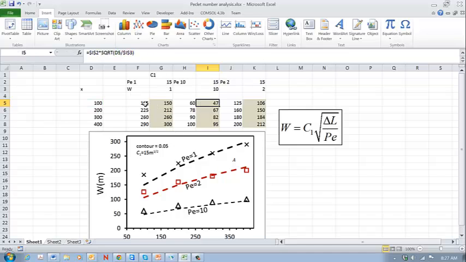With this first data set, for Peclet number equal 1, I just simply adjusted C1 to fit the data. You could use Solver and fit it automatically, but I just adjusted C1 by hand to get a pretty good fit.